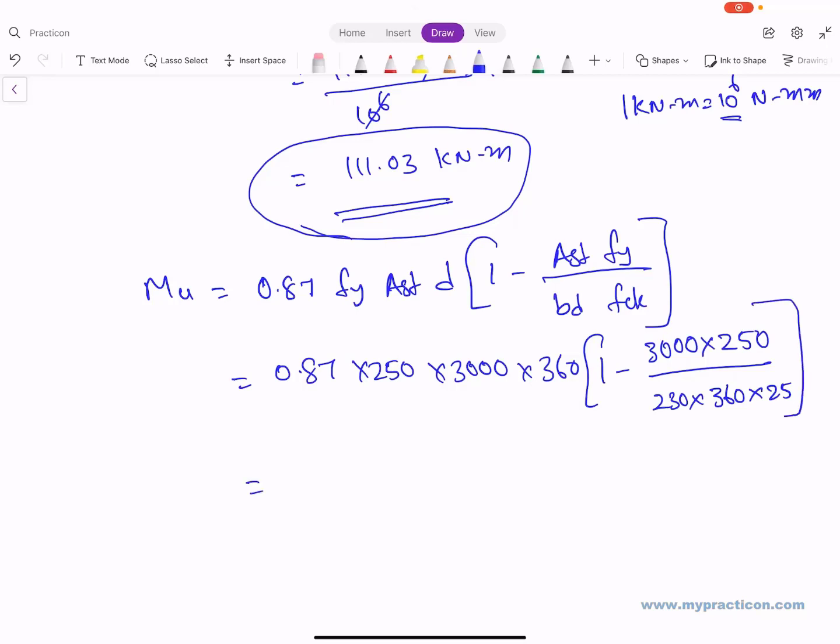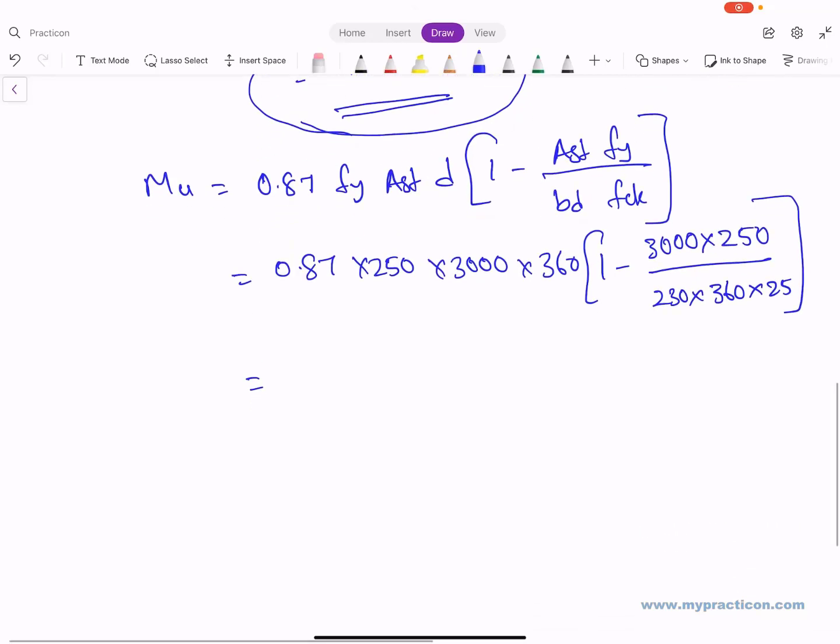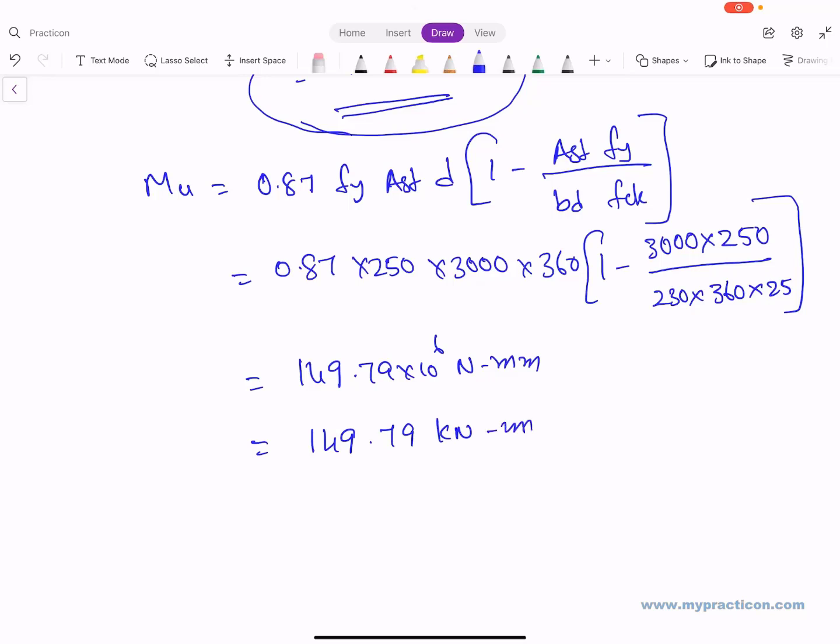If you calculate this value, it comes around 149.79 into 10 to the power of 6 Newton mm. Convert this into kilonewton meter, which comes around 149.79 kilonewton meter.